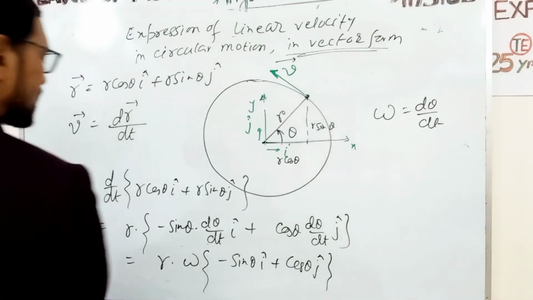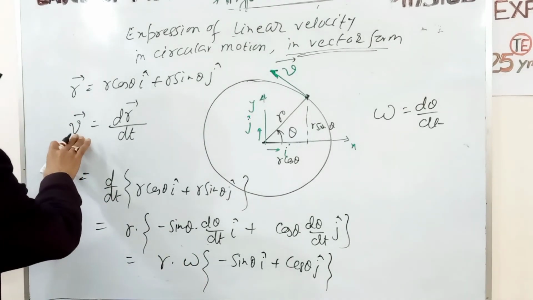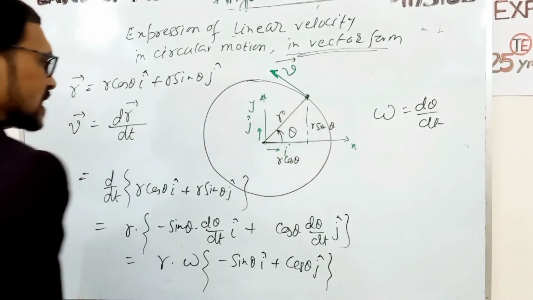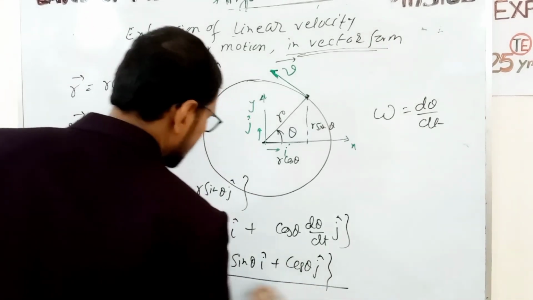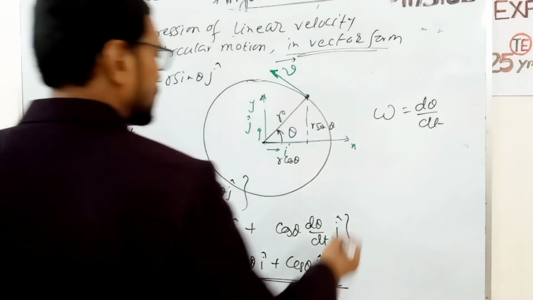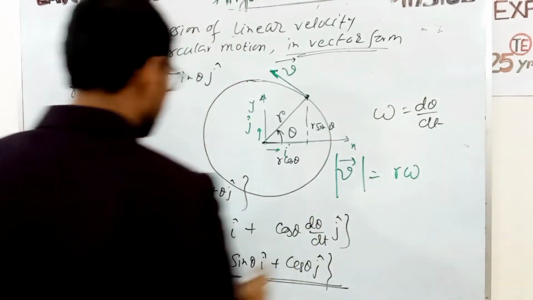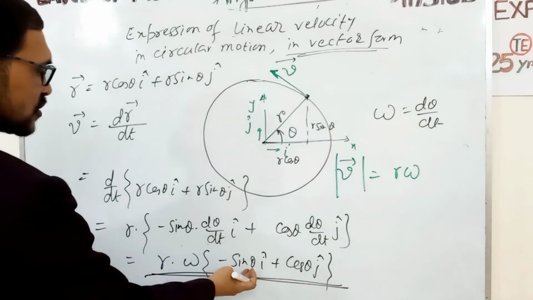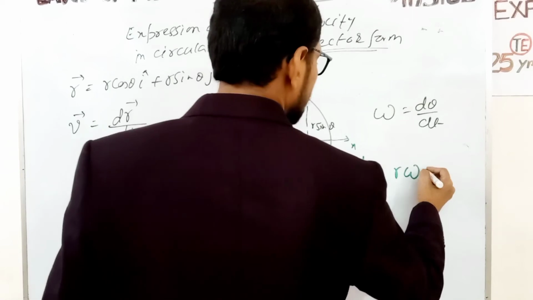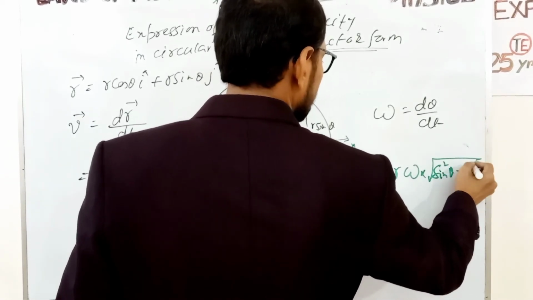So this is the expression of linear velocity at any angular position theta. This is a vector quantity. Now if we take the magnitude of v, what happens? r omega into the magnitude of this, which is root over sin square theta plus cos square theta, which is equal to 1.